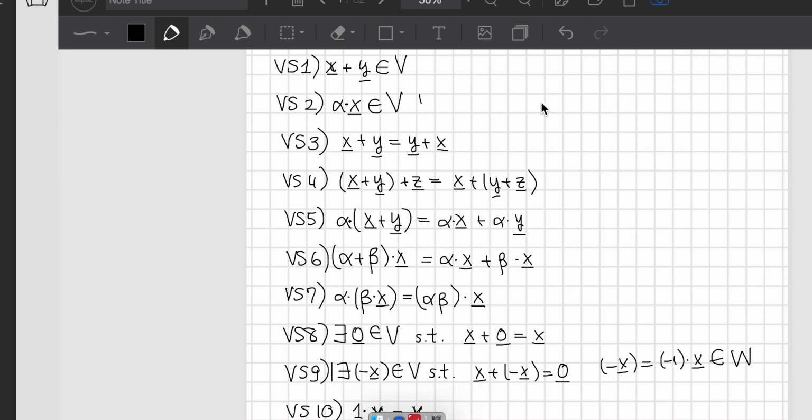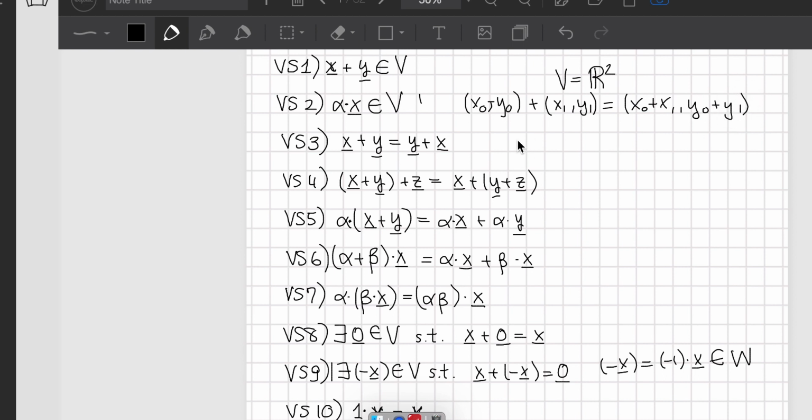For example, let's say that V is just R2, the set of all ordered couples. And I define the operation of addition as just your standard component-wise addition. So this becomes x0 plus x1, and this becomes y0 plus y1.